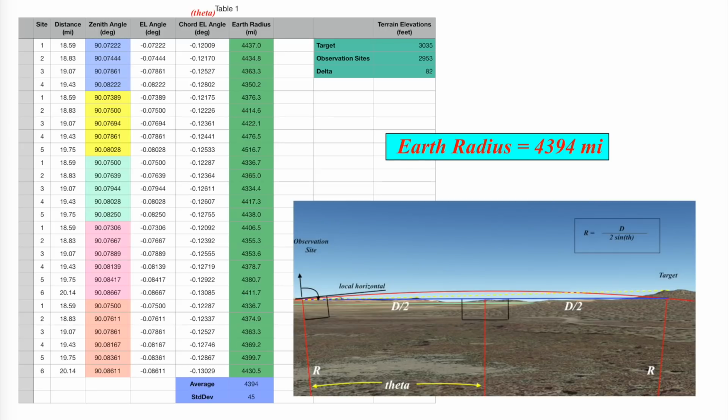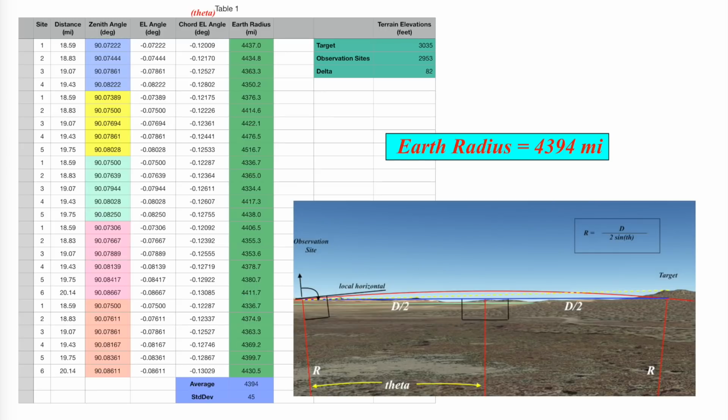When we do that, and then of course I average all the results, I get 4,394 miles with a standard deviation of just a few miles. Now the accepted radius of the Earth is 3,959. So we're fairly close here.